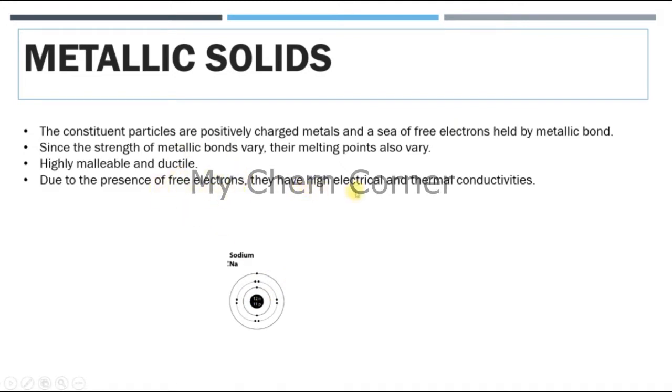Therefore, they have very high electrical and thermal conductivities, and that's why you have metal wiring in electrical equipment. It's because of these free electrons that metals conduct electricity and heat. A classic example can be any metal: sodium, zinc, copper.